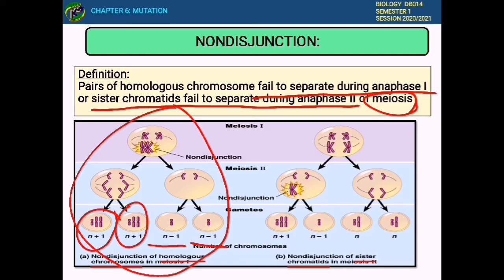But for non-disjunction during meiosis 2, this one we have one extra chromosome, here one loss of chromosome, but here we have a normal gamete produced, here also we have a normal gamete produced.